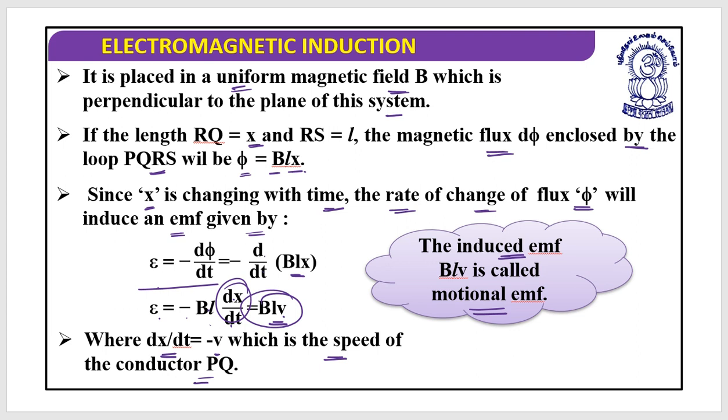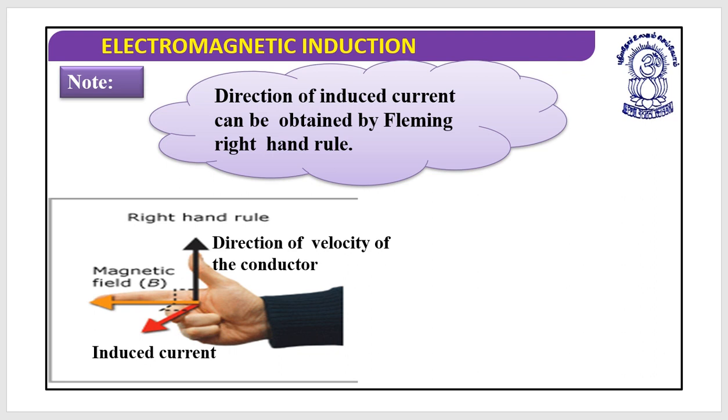Great. Now what would be the direction of the induced current? That can be obtained using Fleming's right hand rule. Let's stretch your fingers. This is the thumb, this is the first finger, and this is the second finger.